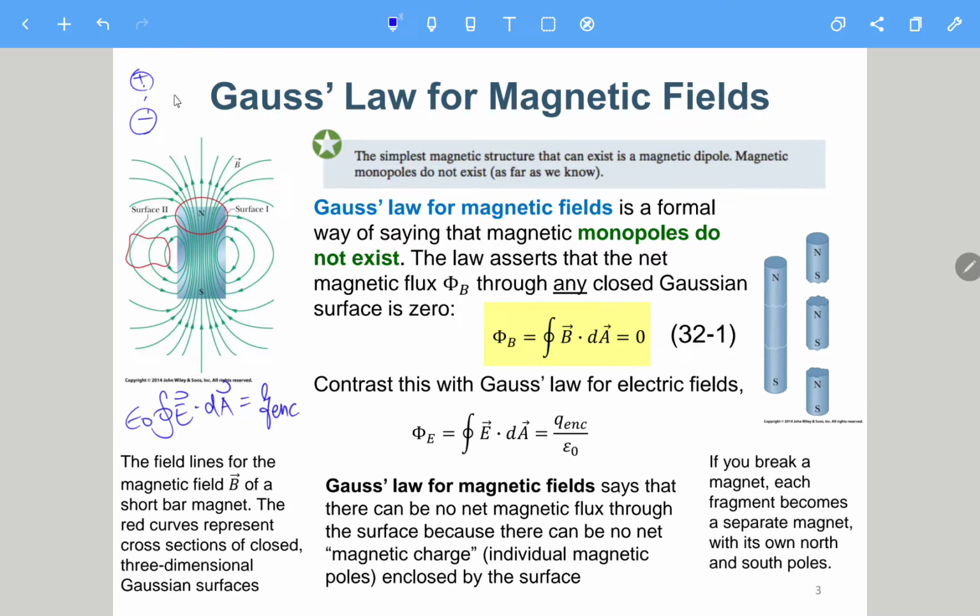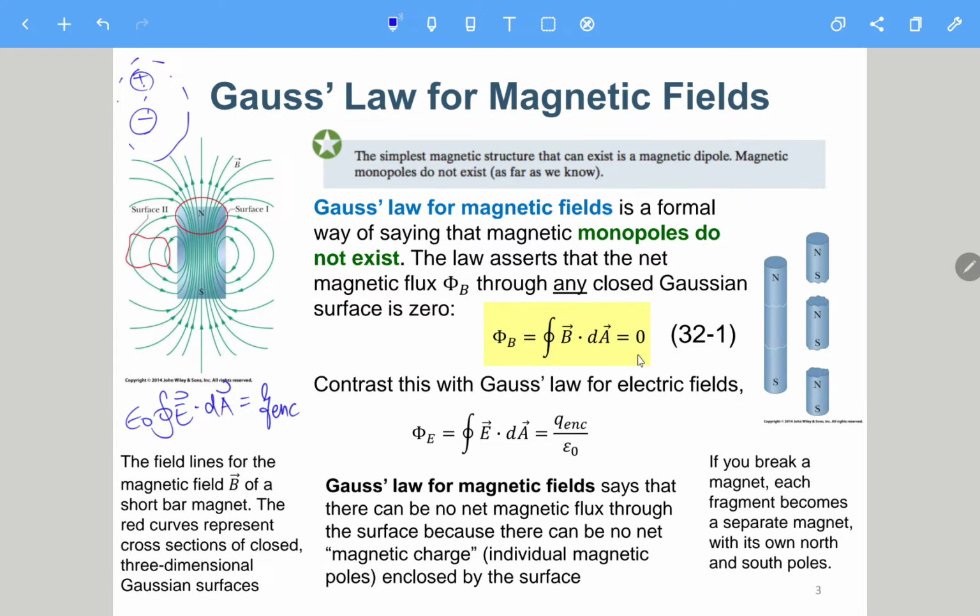The charge can exist independently, but also as an electric dipole, and when you consider an electric dipole, the total charge is still 0. So for the Gauss law for the magnetic field, we have a 0 on the right side.